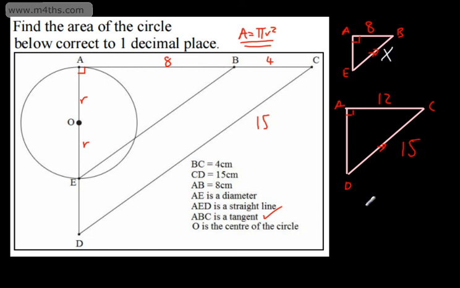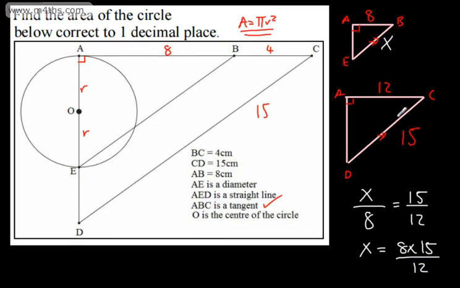So what we can say then is that X over 8 must be the same now as 15 over 12. So X is going to be equal to 8 times by 15 over 12. Alternatively, you could have said, well, actually, if we look at this, this is 2/3 of this one.